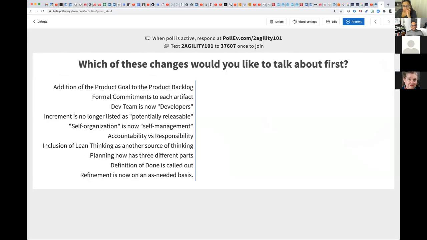The link to PollEV is with you. And if you go to the link pollev.com/2agility101 in your browser, you would be able to. I think you have to make the poll active. It's not active at the moment. Where do I have to do that? One second. Sorry, folks. It doesn't give me an option to activate, Nina.